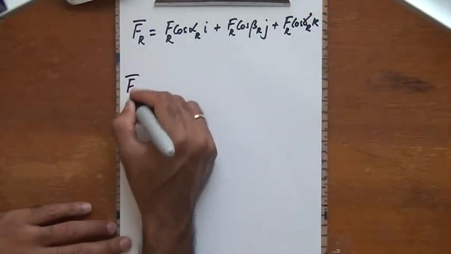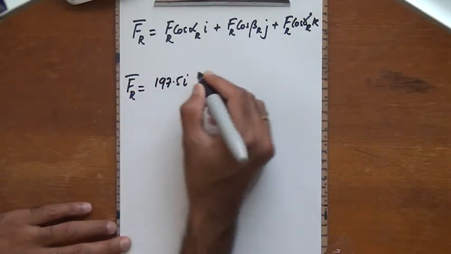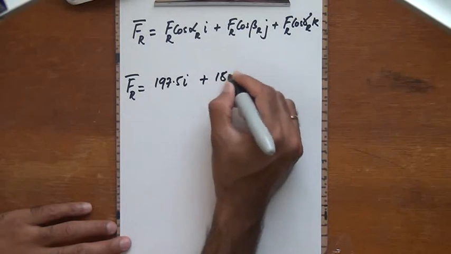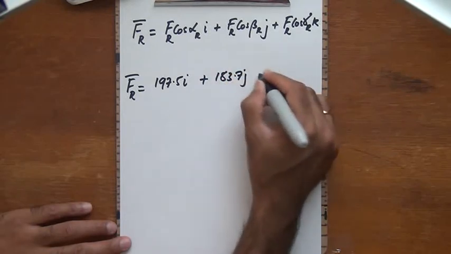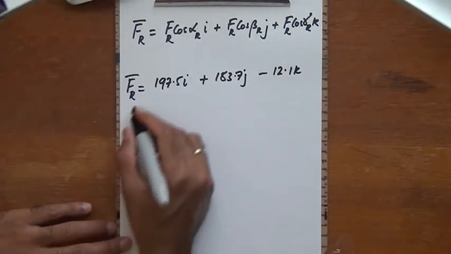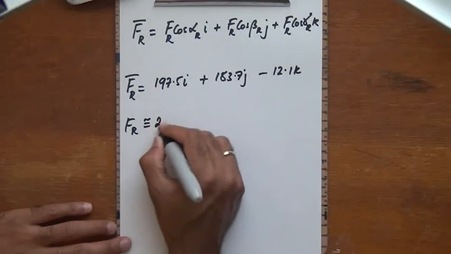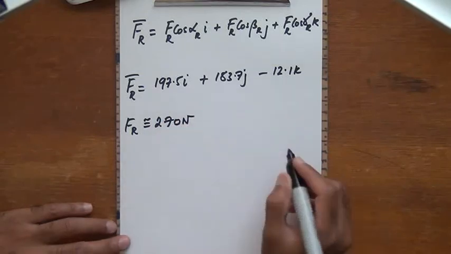I also have from the previous page Fr as 197.5i, 183.7j, and a minus 12.1k. And furthermore, the magnitude of Fr was approximately 270 newtons.